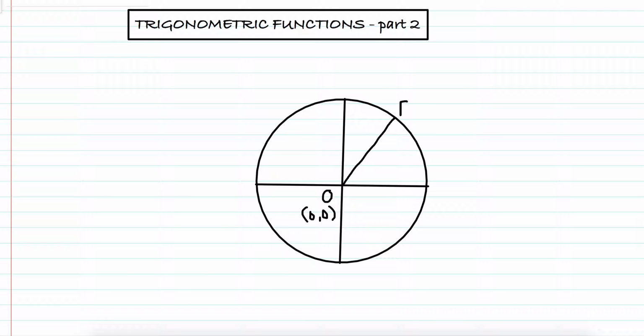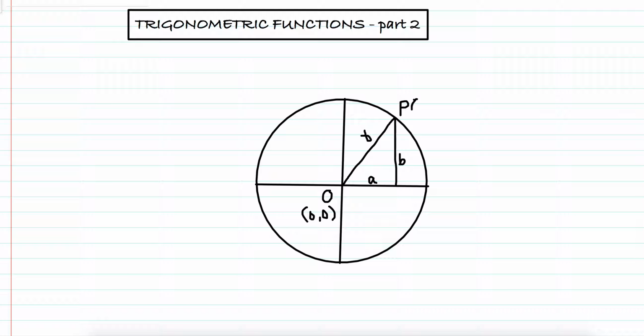This is a point P, and this value is r, the radius of the circle. And this length is a, this length is b.